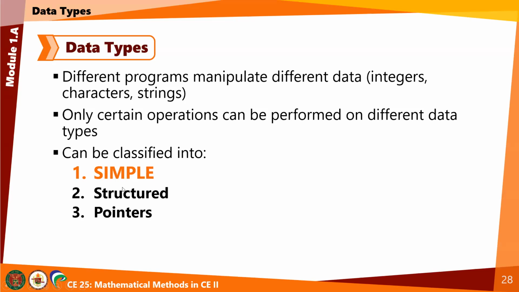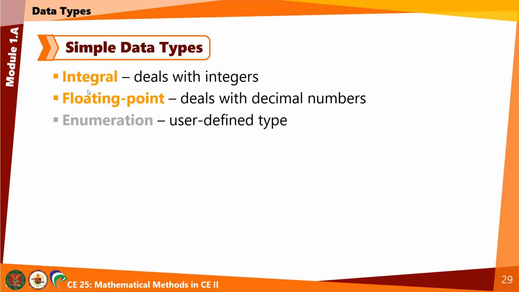But in this case, in C25, we're going to focus ourselves with simple data types like integral and floating points. So yung int kanina deals with integers. Floating point deals with decimal numbers. Okay, yung enumeration, this is a user-defined type. We're not going to deal with that for now. We just included it in the slide.